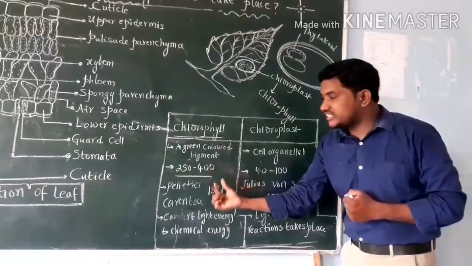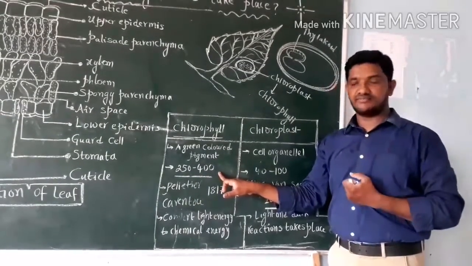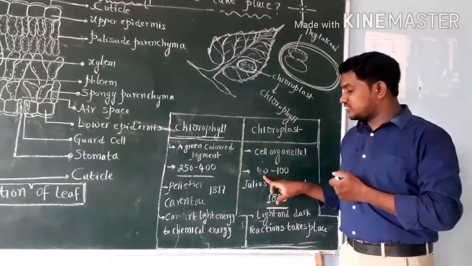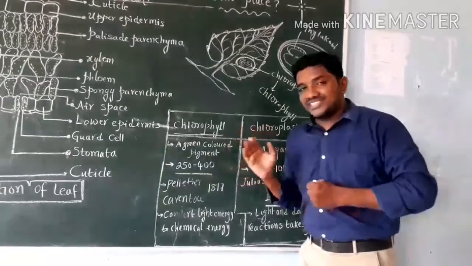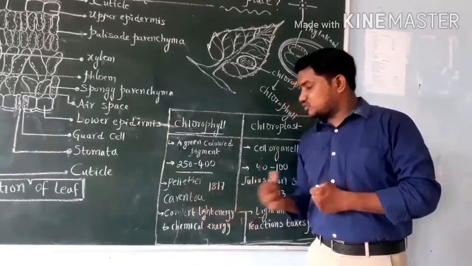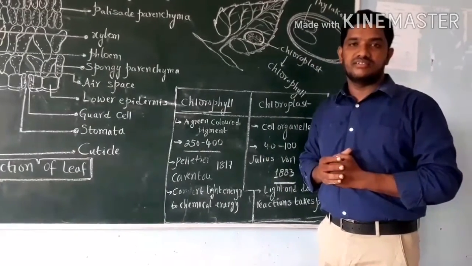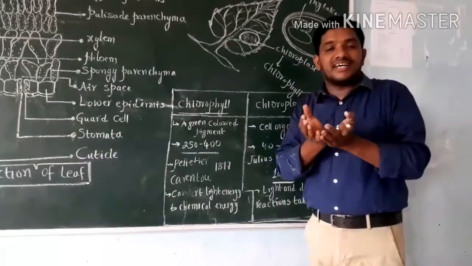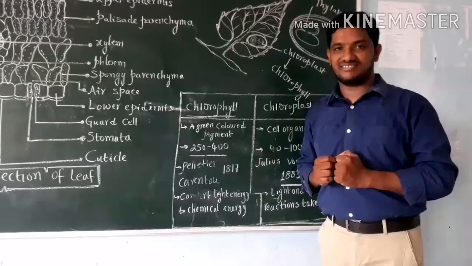One leaf contains nearly 250 to 400 chlorophyll pigments, whereas chloroplasts in one leaf number 40 to 100 only. Chlorophyll was discovered by Pelletier and Caventou in the year 1817. They believed that chlorophyll pigments are spread throughout the entire cell, but that is not correct.